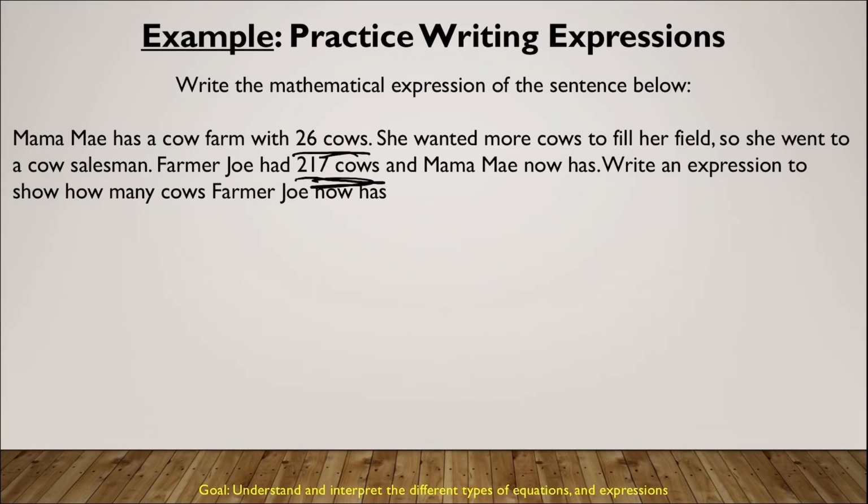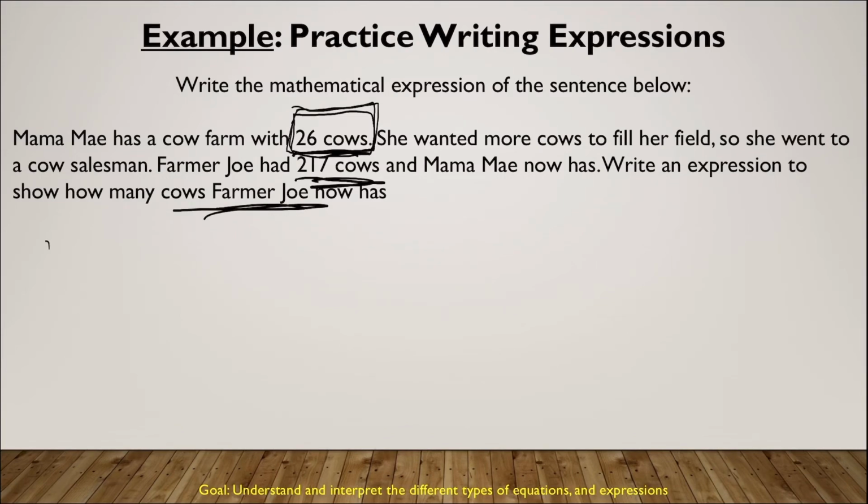Farmer Joe had 217 cows and Mama May now has. Write an expression to show how many cows Farmer Joe now has. So it's kind of weird. This 26 cows is throwing us off because we don't care how many cows Mama May has. We're asked how many cows Farmer Joe has after Mama May gets some cows.